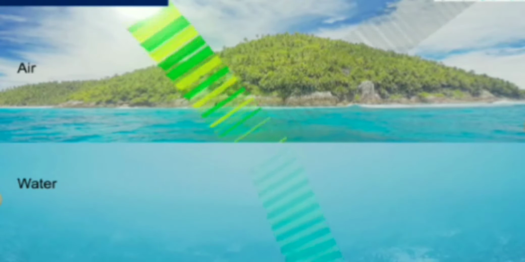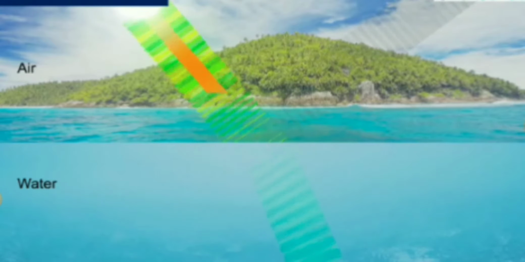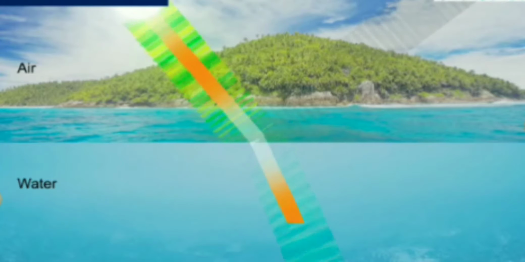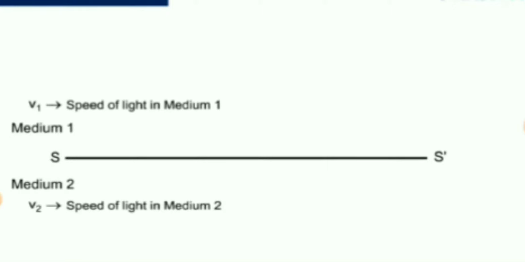Let us first consider the refraction of light when it propagates from a rarer medium to a denser medium. Let SS' be the boundary of the two transparent media, medium 1 and medium 2, in which the speeds of light are v1 and v2 respectively.